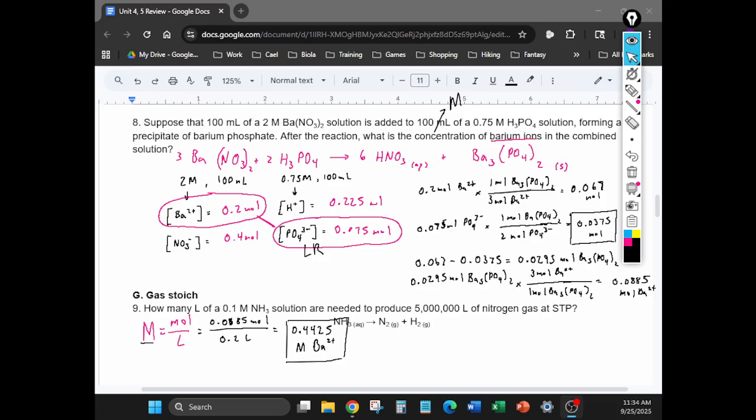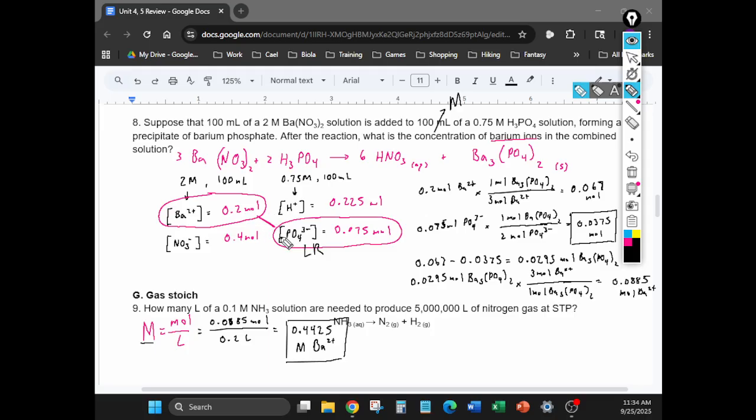Okay, so let me just go through the entire problem again, just to give you guys a refresh. I'm not going to solve it again, don't worry. Just to talk through how we got it, okay? First thing we did, we found the balanced equation, okay? We're good with that, right? And then we used our numbers to find the moles of each ion that we started with, okay?